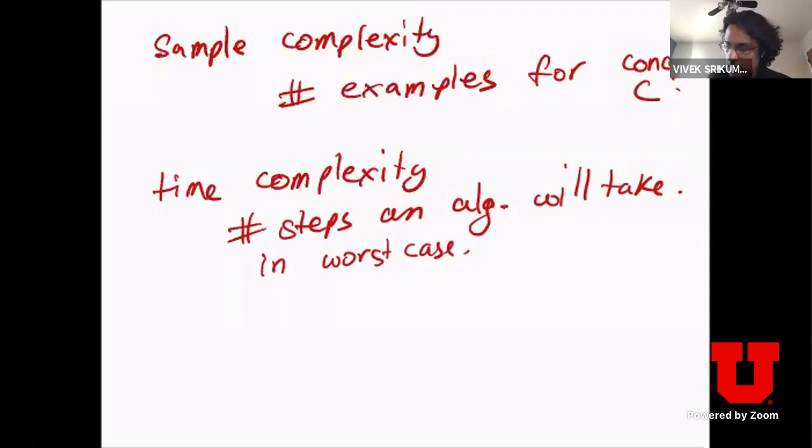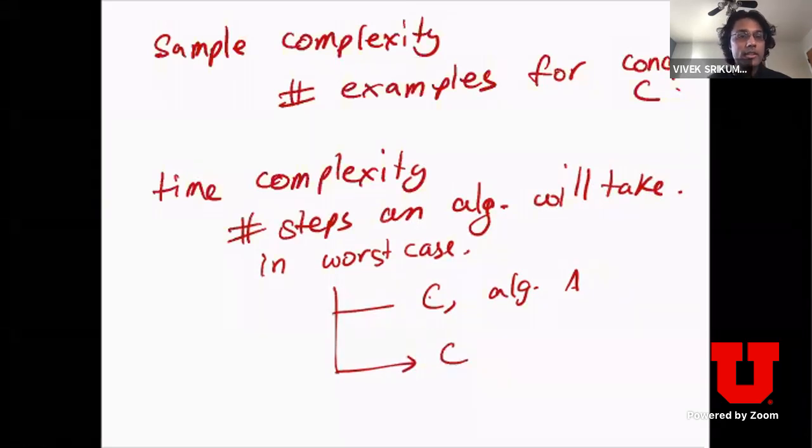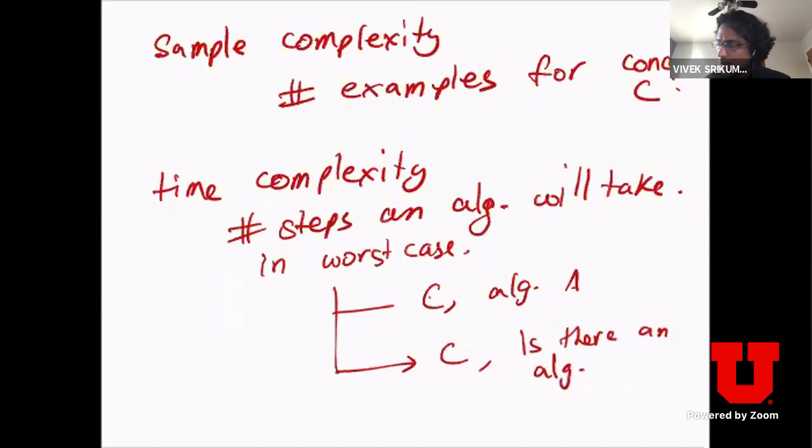Time complexity could be for a concept C and an algorithm A, where we are asking what's the time complexity of a certain algorithm, or we can think about the complexity of just the concept, in which case it's the worst case. If we are asking questions about time complexity, is there an algorithm A that has polynomial time complexity and so on?